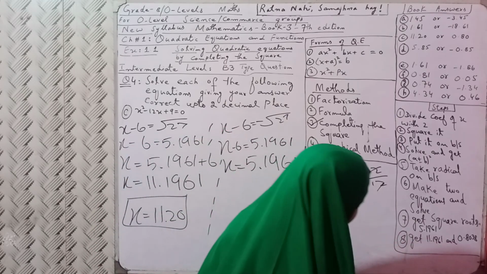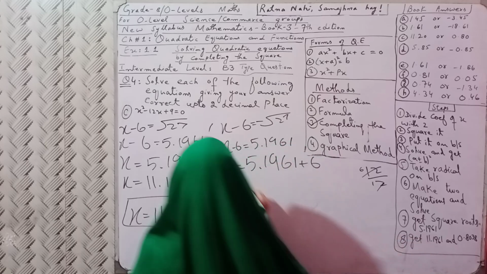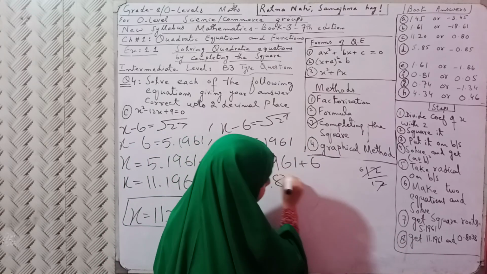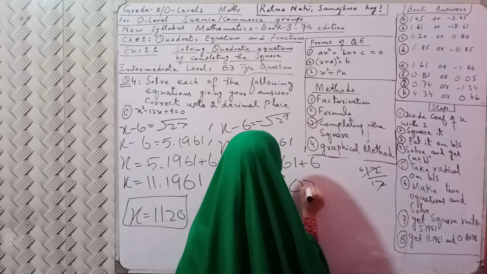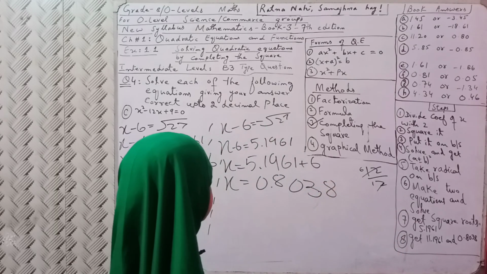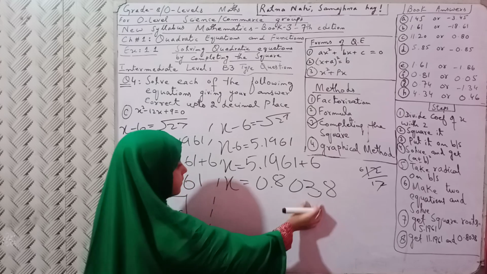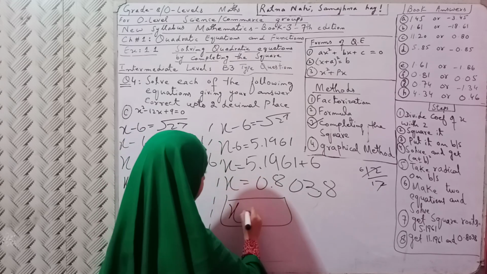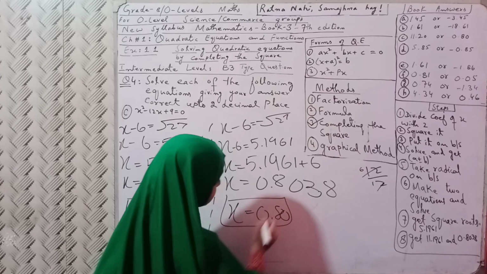Then get 0.8038. So x is equal to 0.8038. Then 3 is small, that's why we'll do nothing. So here x is equal to 0.80.